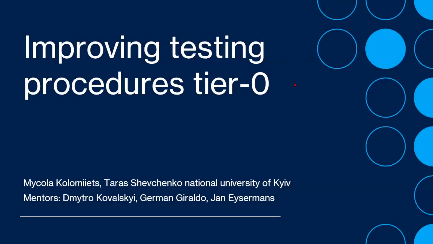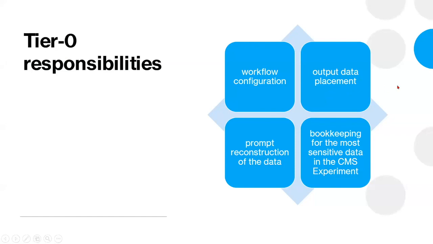I am Valerii Kholoimov from Taras Shevchenko National University of Kyiv. My mentors are Dmitro Kovalsky, German Giraldo, and Jen Eisermans. The theme of my project is improving the testing procedure for tier 0. A little bit about tier 0: its responsibilities are workflow configuration, output data placement, prompt data reconstruction, and it also bookkeeps the most sensitive data in the CMS experiment.